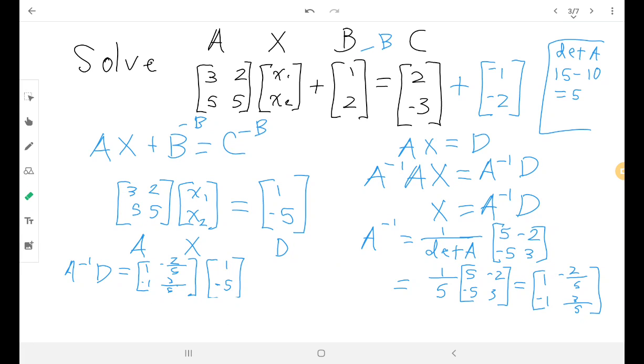So let's actually do the multiplication. That's first row to make the new first row, and it's first one times first one, second one times second one, and add them together, right?